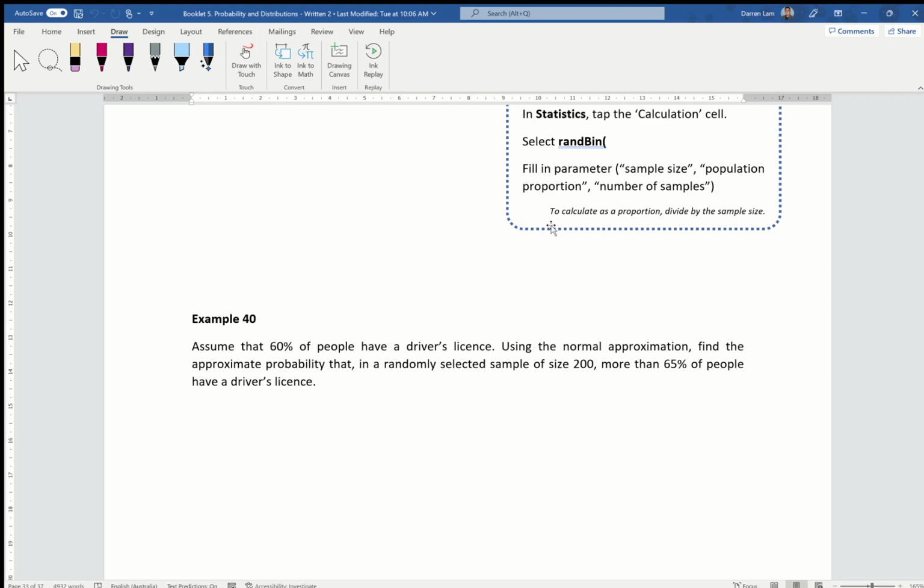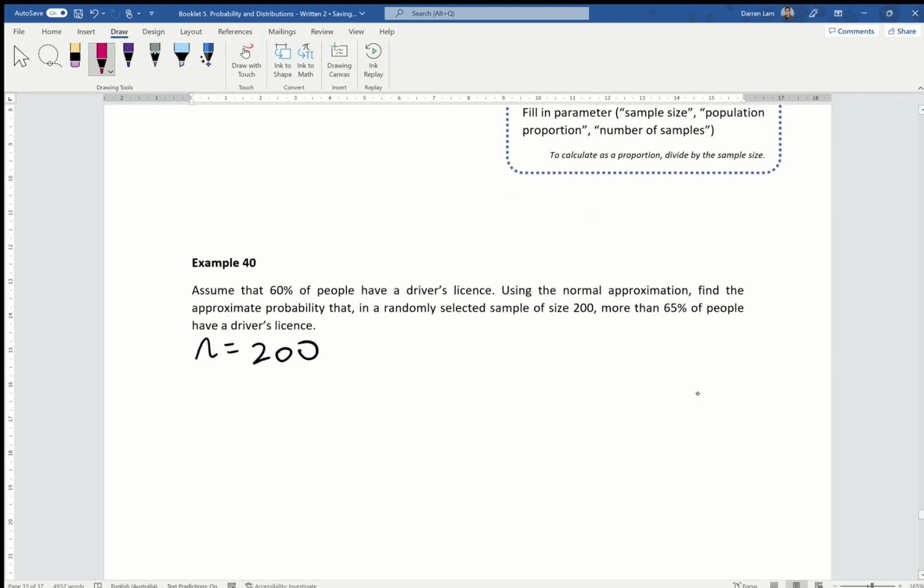Let's define what we know first. I know that n equals 200. I know that p equals 0.6. Of course, we're assuming that because n is so large, the distribution of p hat is approximately normal.